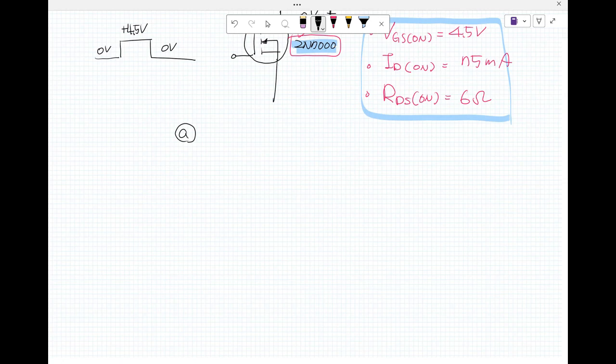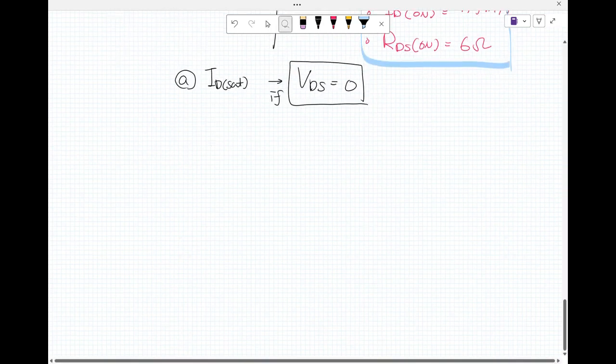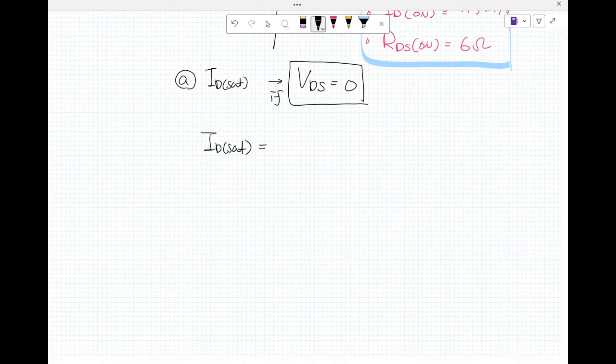So, question 1, what is the drain saturation current? Drain saturation current is when V sub DS is what? 0, no voltage for this case. Okay? So we learned before I sub D saturation is what?